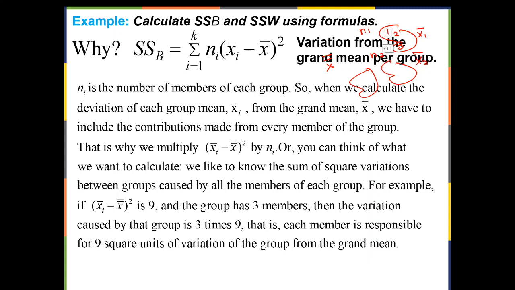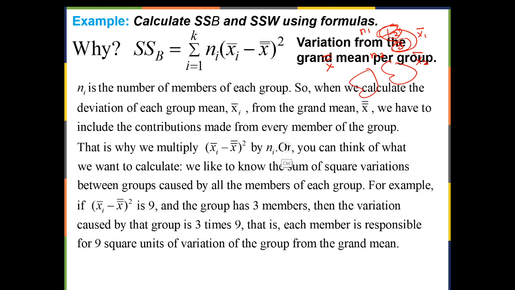Why? Because when you subtract x1 bar minus x double bar and square it, that would be only the deviation for one item. Then we have to include all of them, so that means we have 3 deviations exactly like that, 1 per item. That's why we multiply by ni.